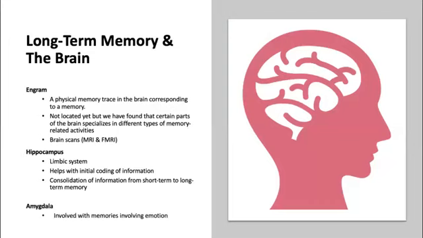Additionally, the amygdala has been found to be involved in memories that involve emotion. So, for example, in my experience, I'm scared of the ocean because of a traumatic experience I had when I was very young. And now I am very likely to remember that event pretty vividly, which is related to the functioning of the amygdala when that event occurred.